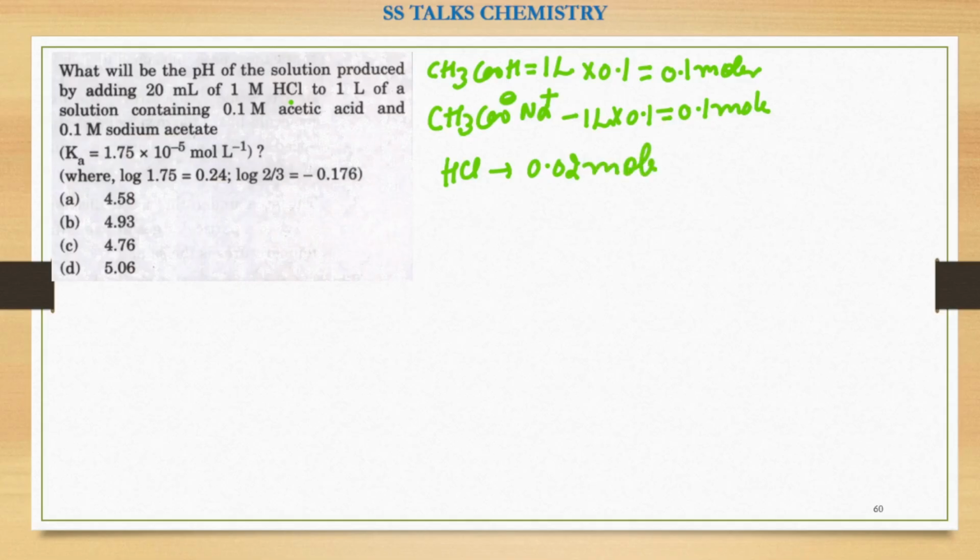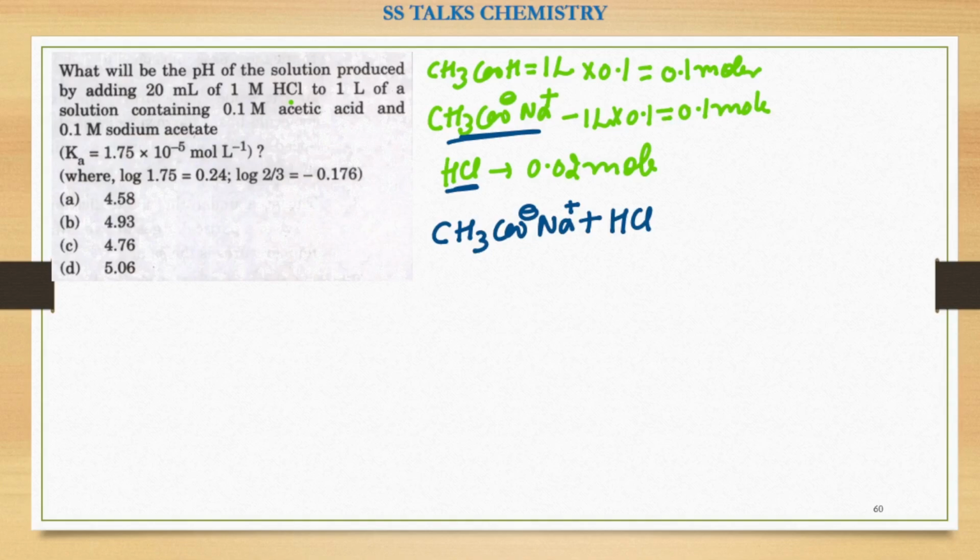Now, in the solution you will be having the sodium acetate that can react with this HCl, because these solutions you were having, that is acetic acid and sodium acetate, and on that you are adding the HCl.